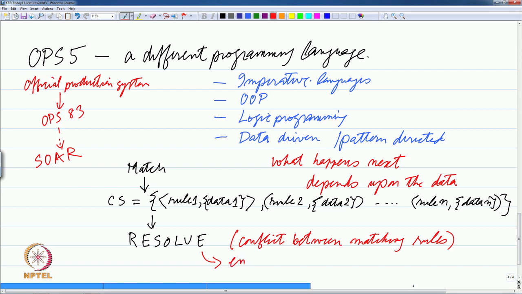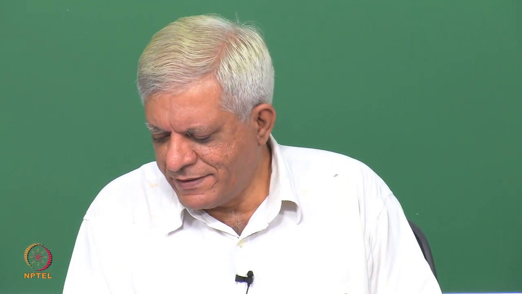So, we want to look at that in today's class, and you can see that this basically embodies the problem solving strategy. So, we want to look at different strategies and see what they will give us essentially.